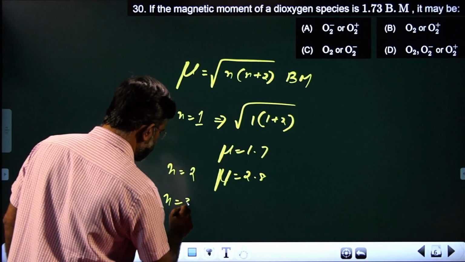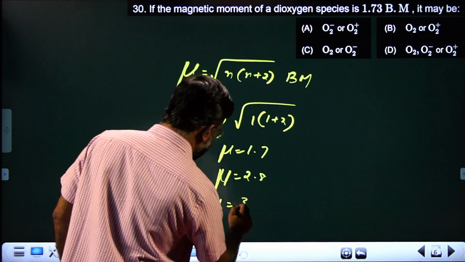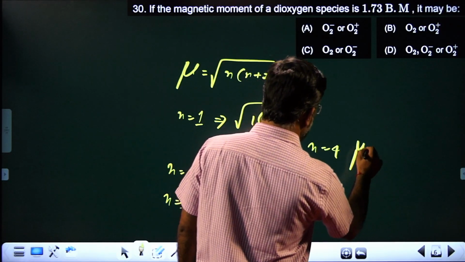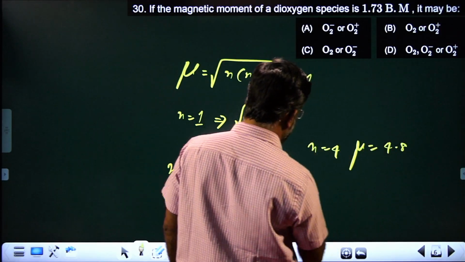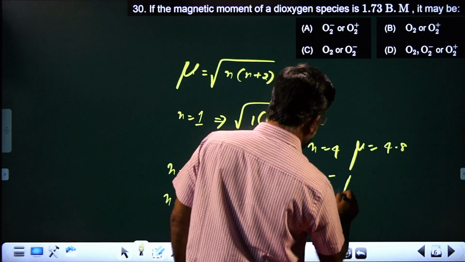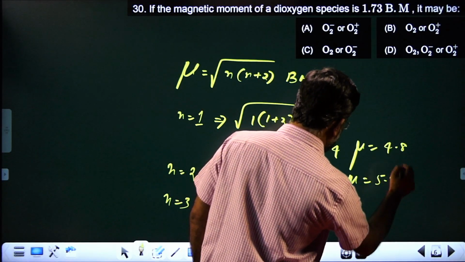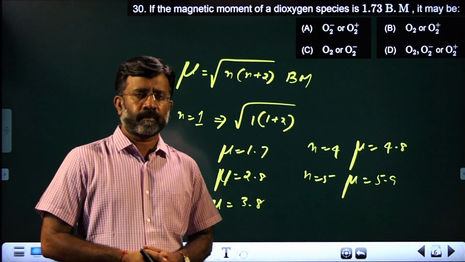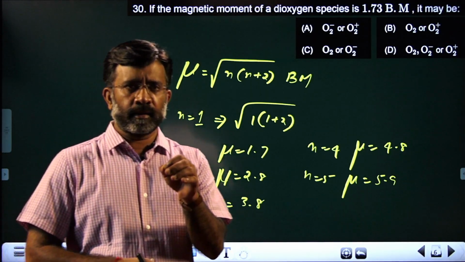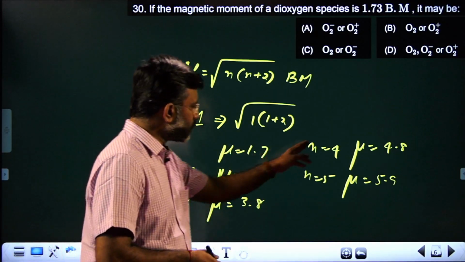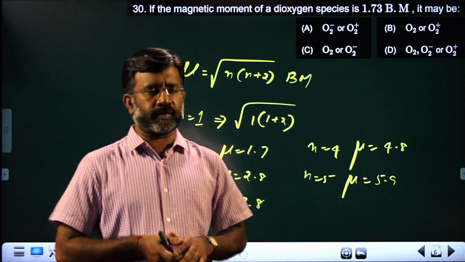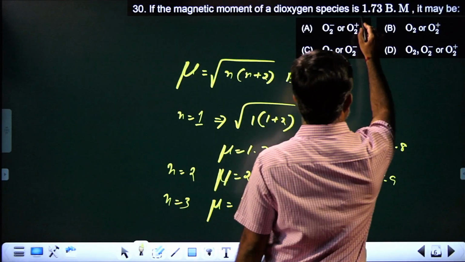Suppose n equals 3, mu will be some 3.8 something. Suppose n equals 4, mu will be some 4.8 something. Suppose n equals 5, mu will be some 5.9 something. That way you can easily memorize the number of unpaired electrons. Suppose it is 4, the magnetic moment will be 4.8, 4.9 in that range. So here the magnetic moment is 1.73.